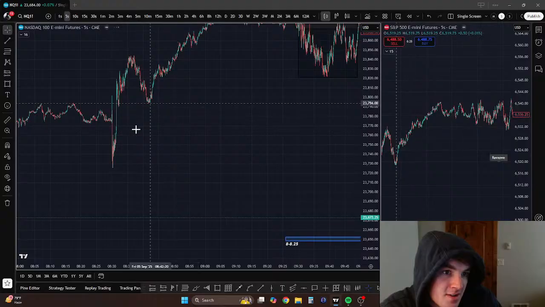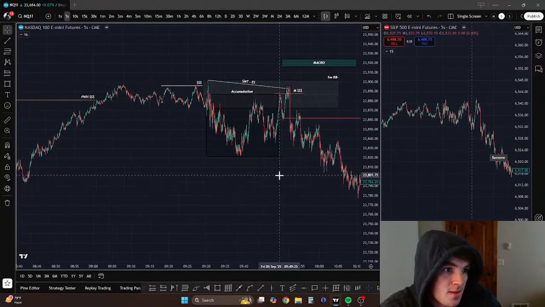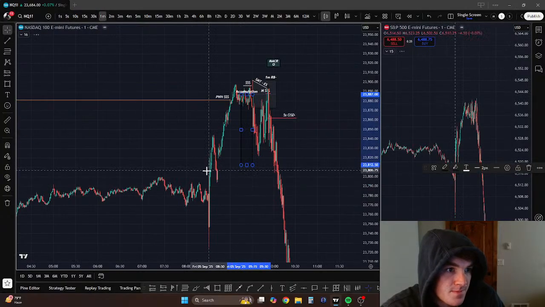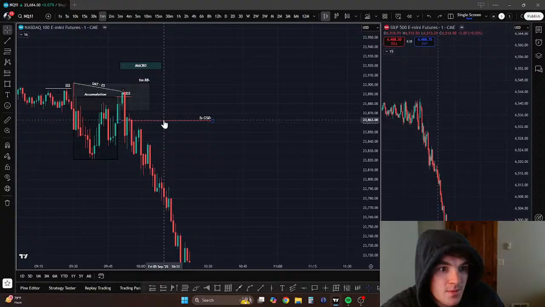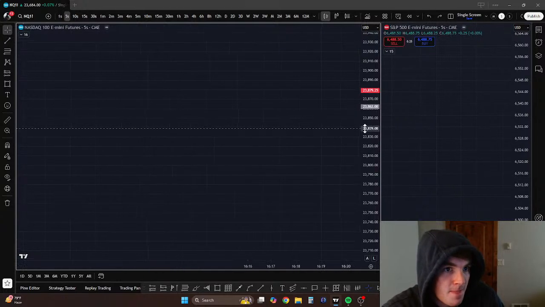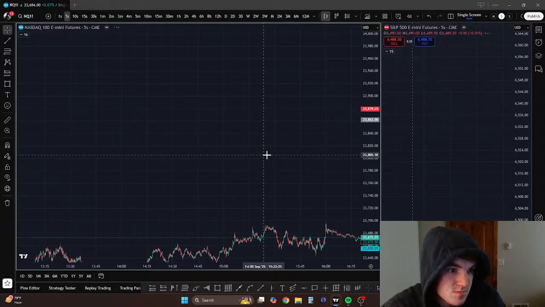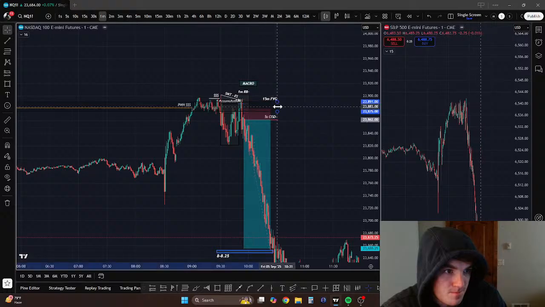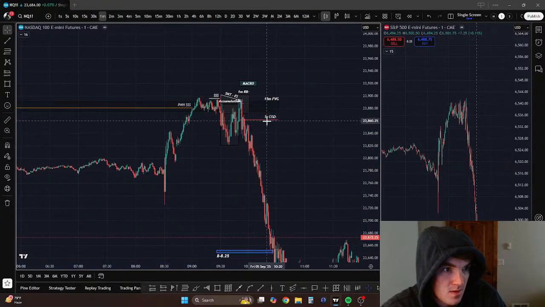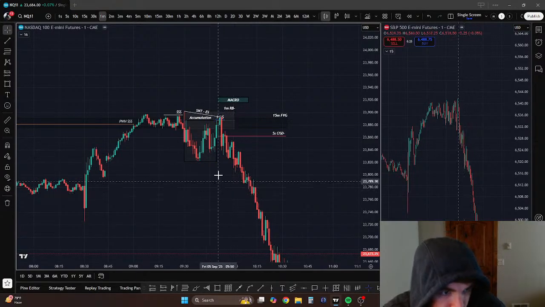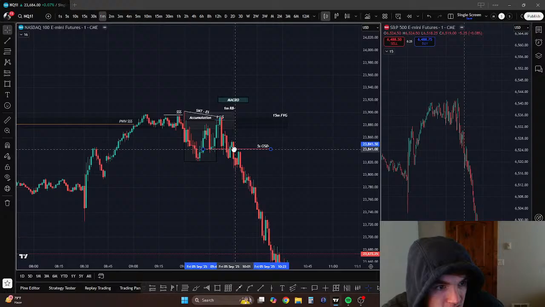And then we had this giant RTH gap which got filled. Okay, let's see what else we have, right? This was a 15-minute fair value gap, 1 minute change in state. Let's actually drag this out back here. Right, 15-minute gap, 1 minute change in state.